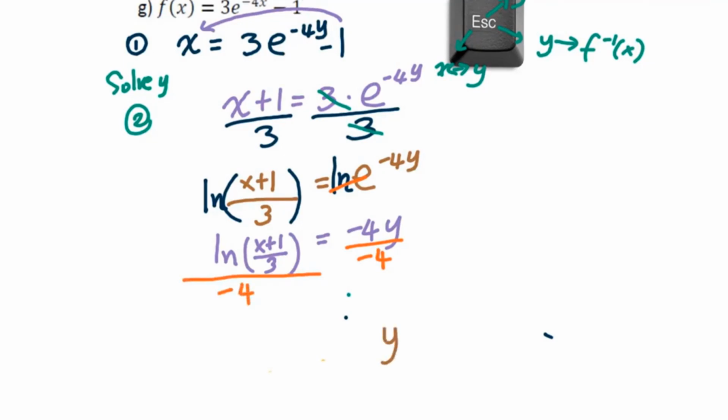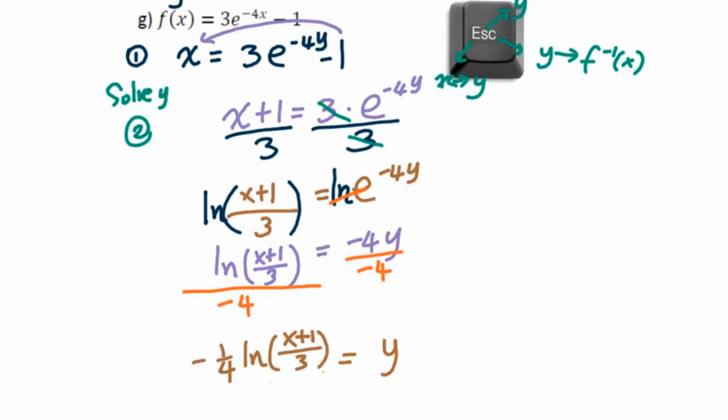We get y equals negative 1 over 4 times the natural log of (x plus 1) over 3. Then last step, you change y into the inverse function: f inverse of x equals negative 1 over 4 natural log of (x plus 1) over 3.